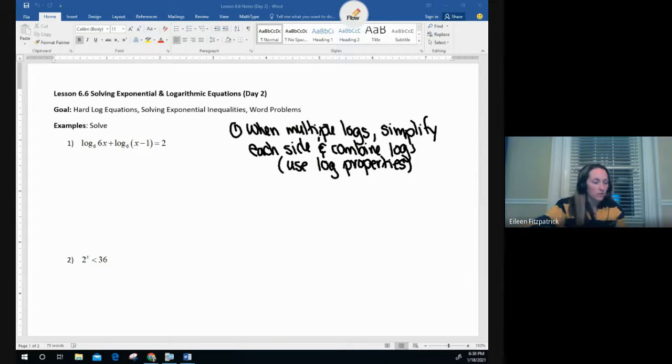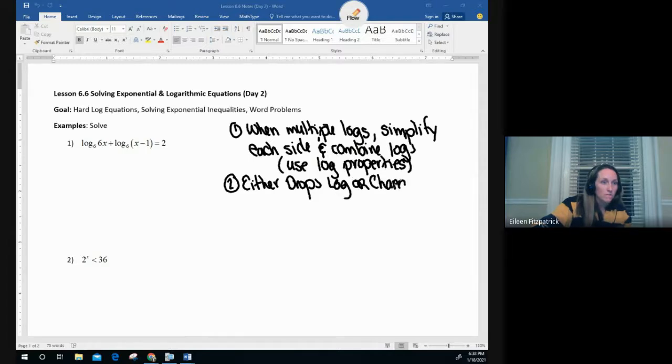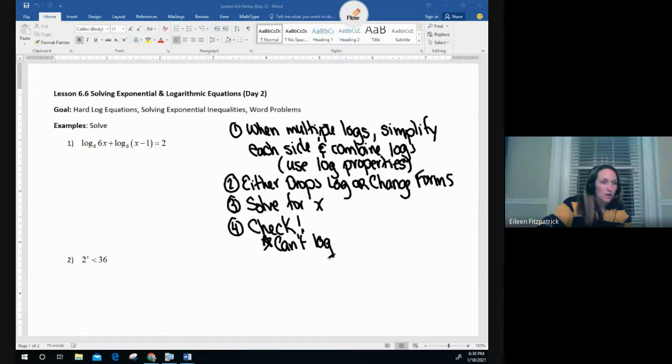Remember those rules? That's what we're going to be doing here. Then you're going to either drop logs or change forms. Then you're going to solve for x and check. Remember, you can't log a negative.